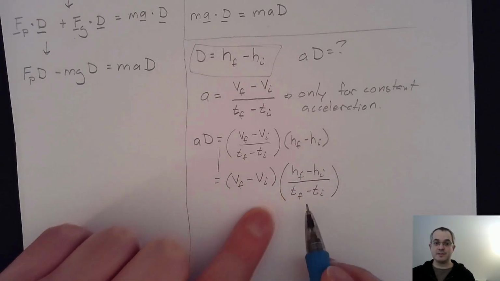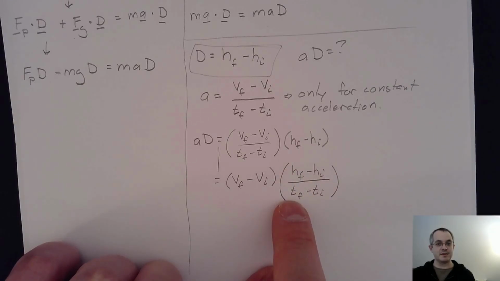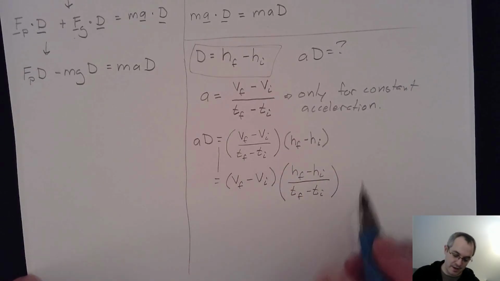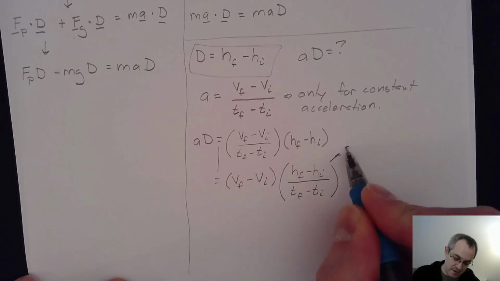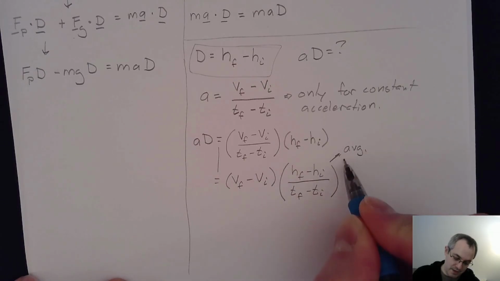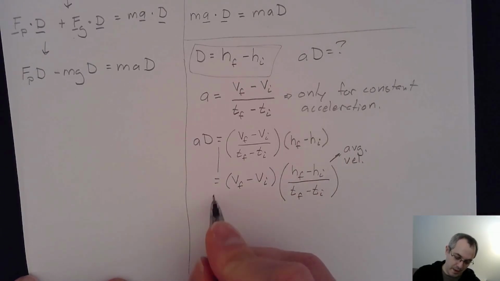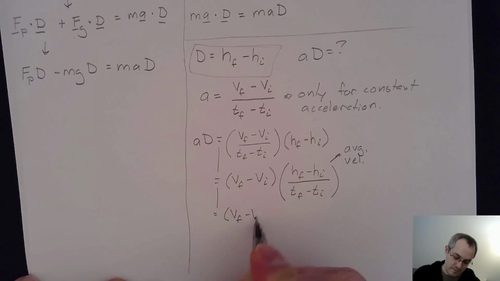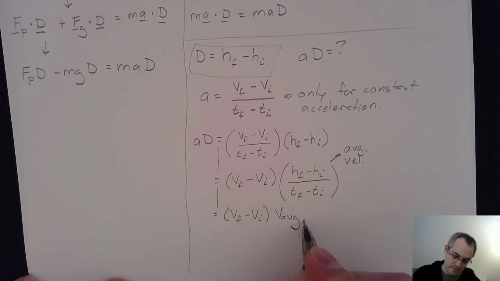What this gets us, you might recognize that as the average velocity. So this thing here is the average velocity. Okay.